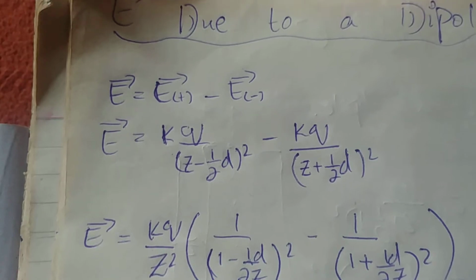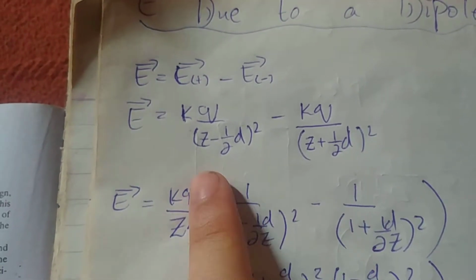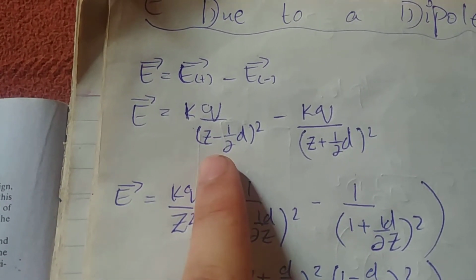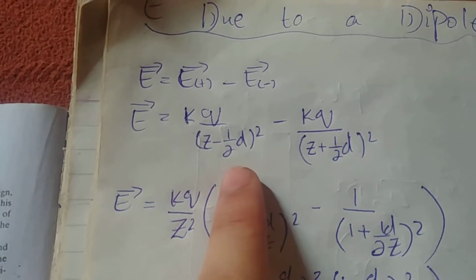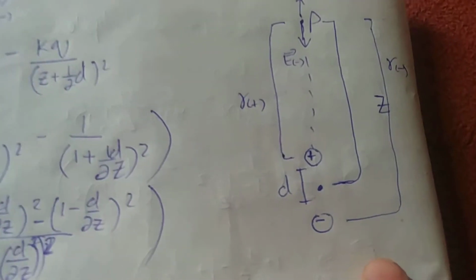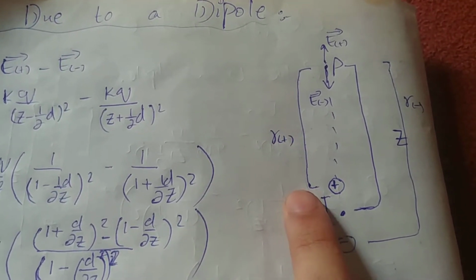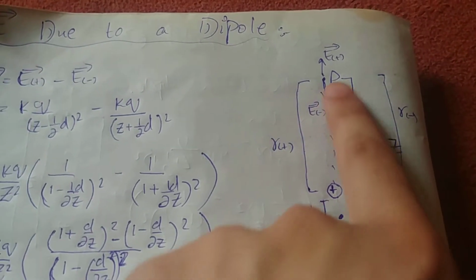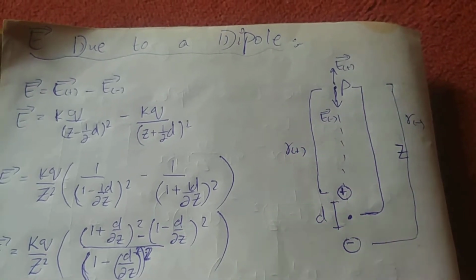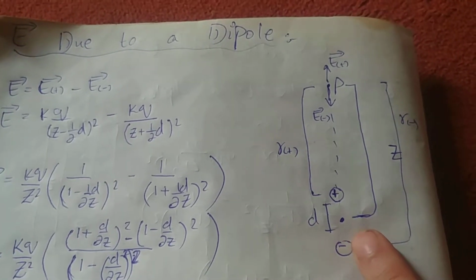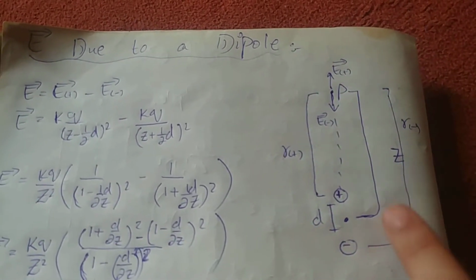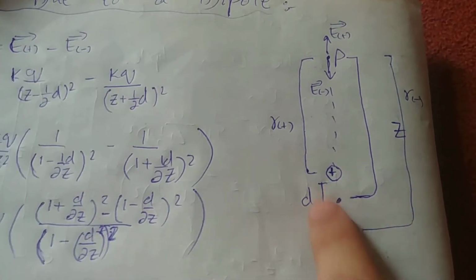After plugging in the values, we come up with this number. You might be wondering why z minus 1 over d whole square. That's because r positive is equal to z, which is the distance, as I said earlier, from the center of the dipole to the point P, plus half the distance d.